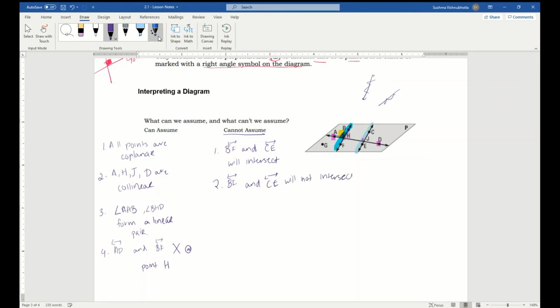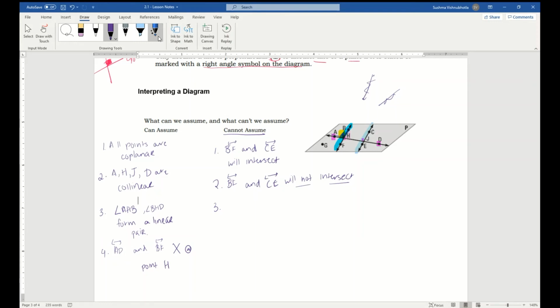In the next unit, we'll see two lines will not intersect if they're parallel. So what this is saying is you can't make any assumptions about line BF and CE in terms of if they're parallel, they won't cross. If they're not parallel, they will cross. You just don't know. There's not enough information here.